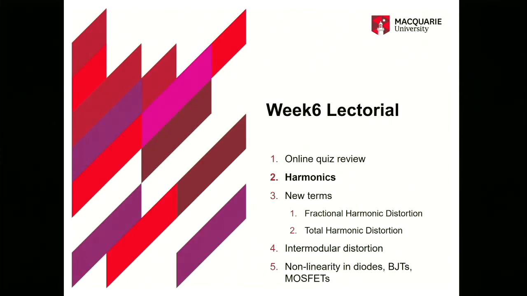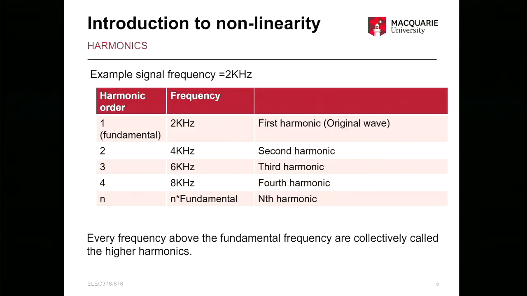So I hope you all have gone through the videos and learned about harmonics and what happens. Just to recap: if you have a frequency of 2 kilohertz, that frequency is called the fundamental frequency, or the first harmonic. Multiplying by 2 gives 4 kilohertz, the second harmonic; 6 kilohertz is the third harmonic, and 8 kilohertz is the fourth harmonic, and so on.